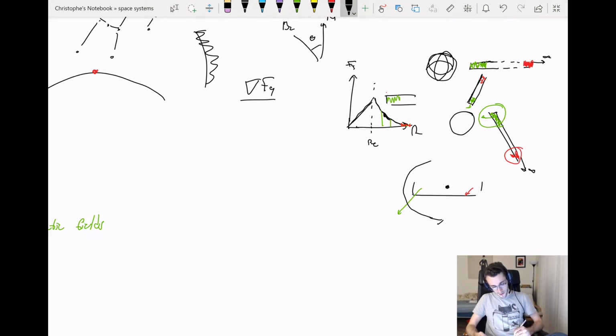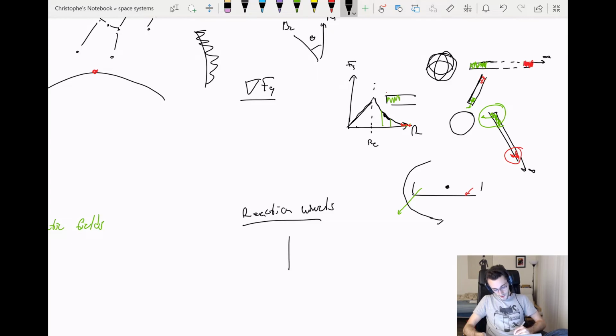Now, more active things would be something like reaction wheels. Reaction wheels work similarly to control moment gyros, except that they work by using conservation of angular momentum.